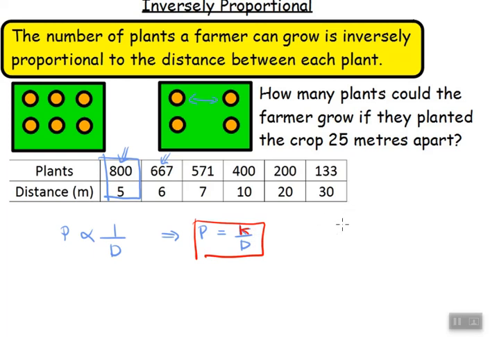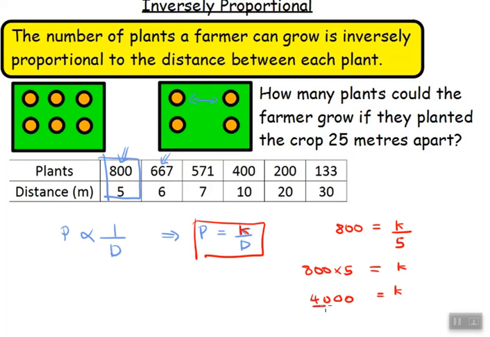So the number of plants is 800, and that equals something we don't know, the proportional factor divided by the distance, which is 5. And we would do k equals 800 times 5. So k is equal to 4,000.